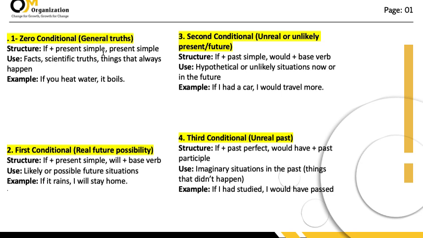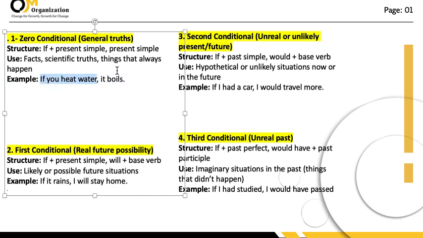The structure is so simple: the if clause contains simple present and the main clause also simple present. The usage is for facts, scientific truths, things that always happen. For example, if you heat water, it boils. So it's a fact, right? It boils. It's a fact.